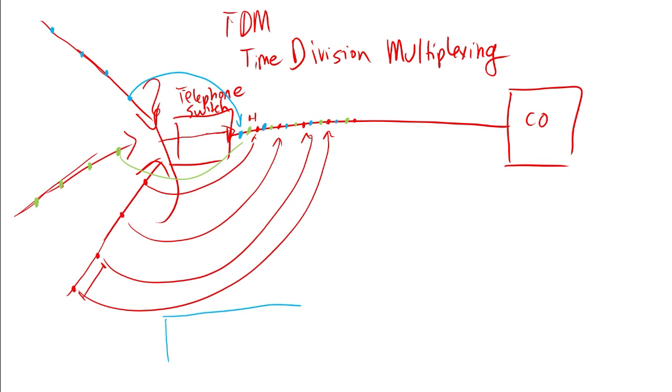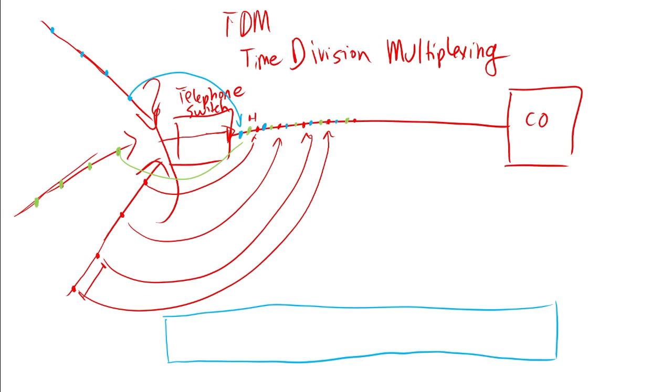And so we have a TDM frame, which is known as the DS1. And this contains the data. So we have one bit. This is a frame bit. And then we have our channels. So channel 1, channel 2, all the way to 24.